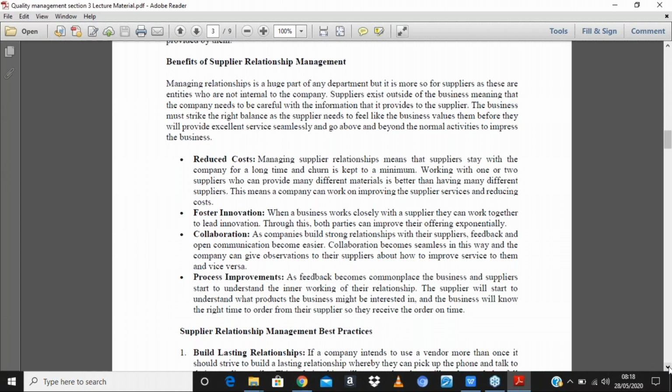As feedback becomes commonplace, the business and suppliers start to understand the inner workings of their relationship. The supplier will start to understand what products the business might be interested in and will know the right time to create that order. So it's going to bring about process improvement. How? For instance, as a supplier and vendor, I might supply 10 cartons to so-and-so every week.